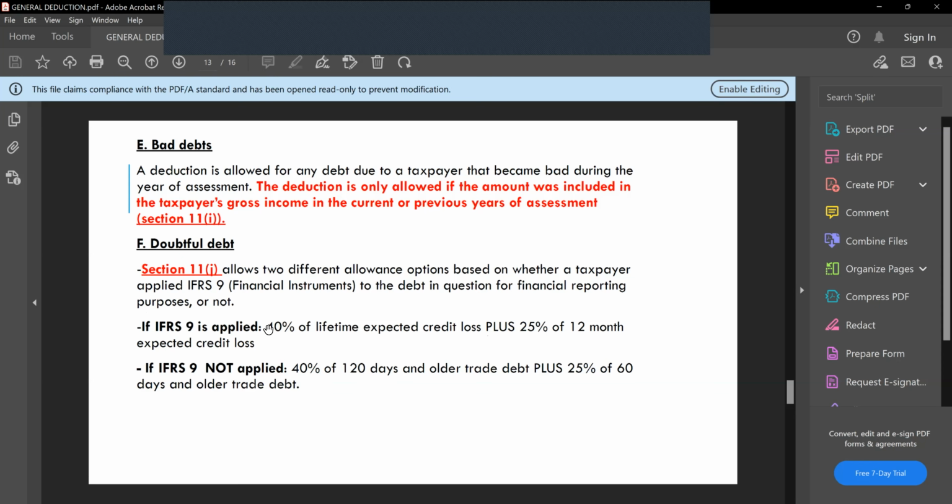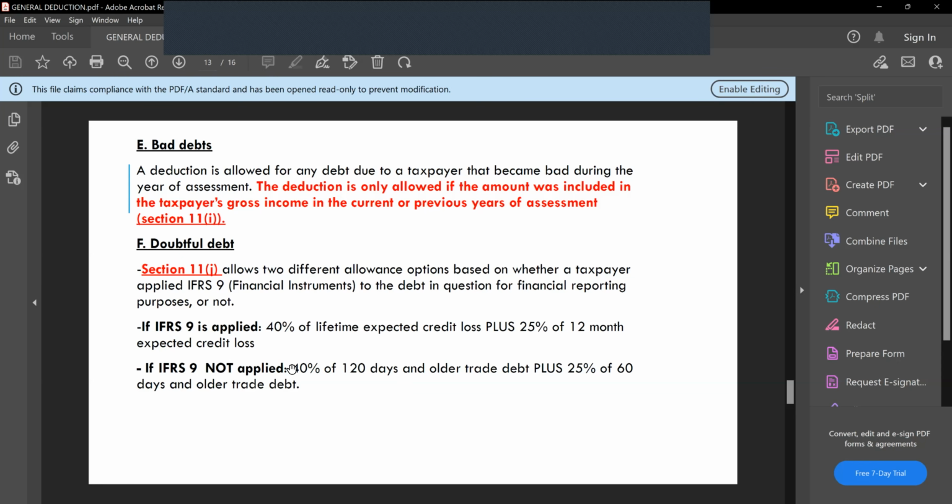Guys, this information will always be provided in your question. You'll always be told whether or not IFRS 9 has been applied, and you'll be given the lifetime expected credit loss. So you'll multiply that by 40% plus 25% of the 12-month expected credit loss. This information will be very explicit in your question.